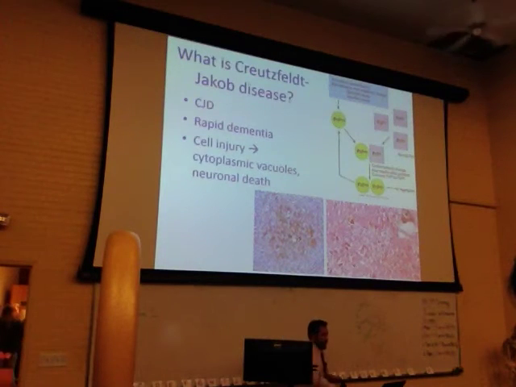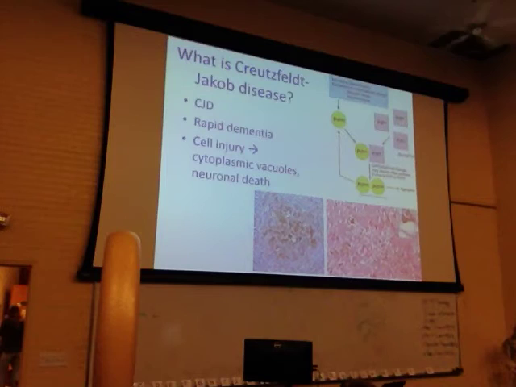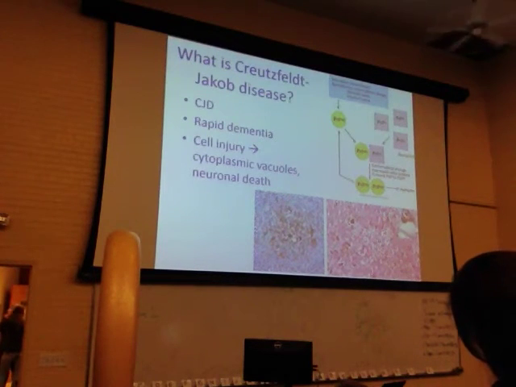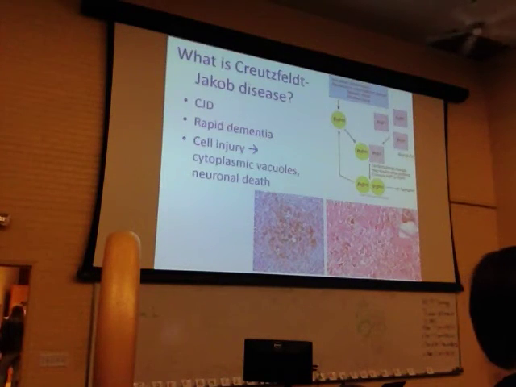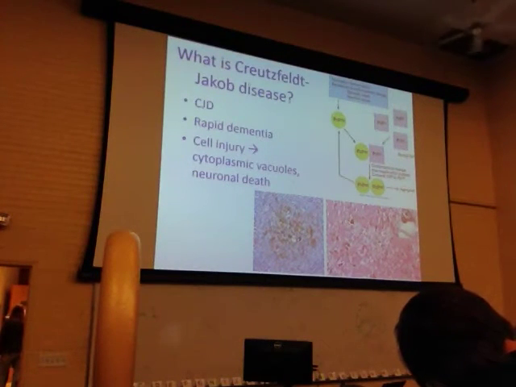And so you can see on the upper right, we've got this normal prion. Okay, so this PrP-C is a normal prion. And this PrP-Sc is actually a spontaneous conformational change, or a mutated prion.